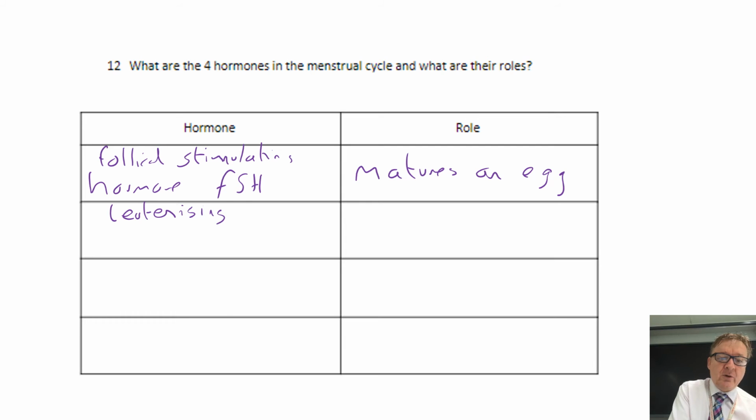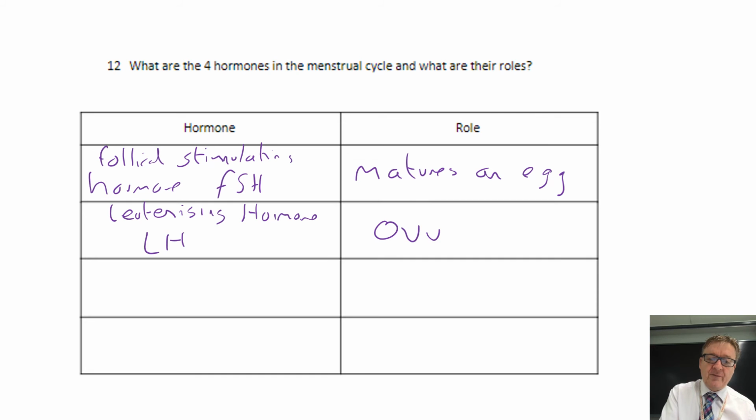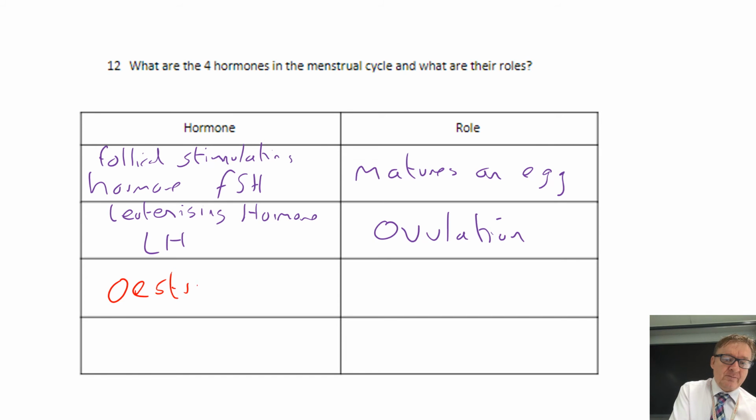Luteinizing hormone, LH, which is again within the menstrual cycle. What that does is it creates ovulation. So FSH matures an egg, luteinizing hormone makes the egg pop out. Estrogen, what that does is it maintains the uterus.